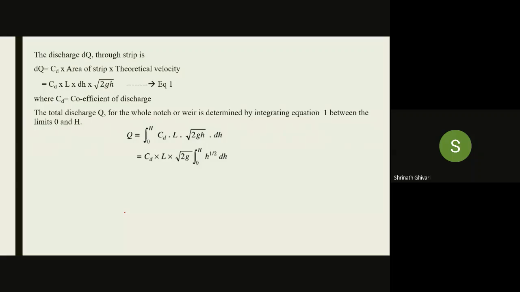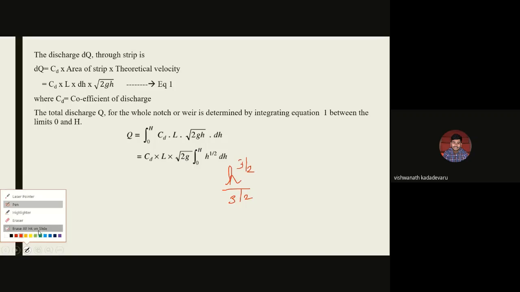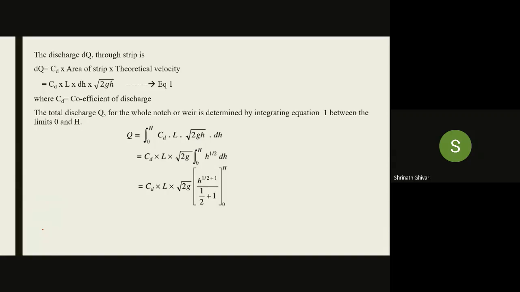Cd into L square root of 2g, integrate h raised to 1 by 2. It will be h raised to 3 by 2 divided by 3 by 2. Correct? Yes, sir. So h raised to 1 by 2 plus 1 divided by 1 by 2 plus 1. So it will be Cd into L square root of 2g, h raised to 3 by 2 divided by 3 by 2.